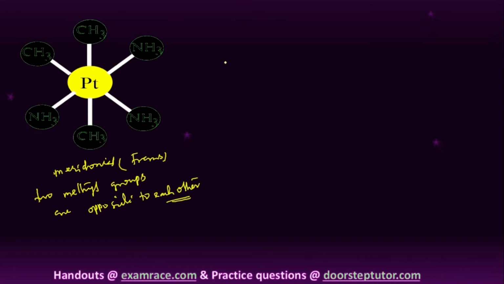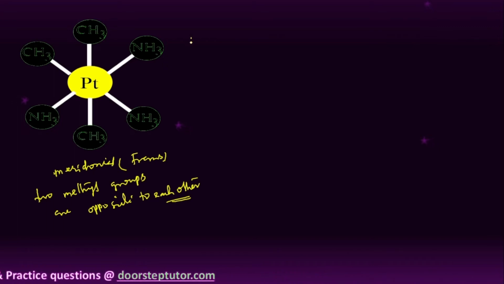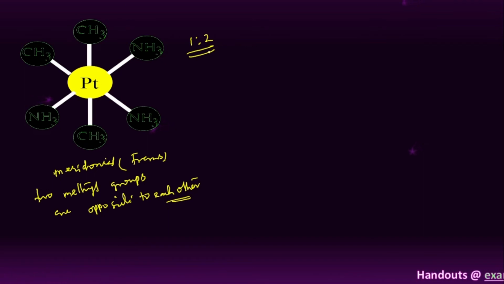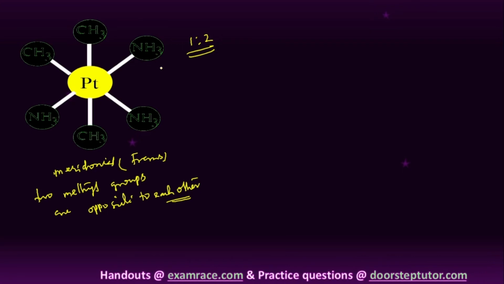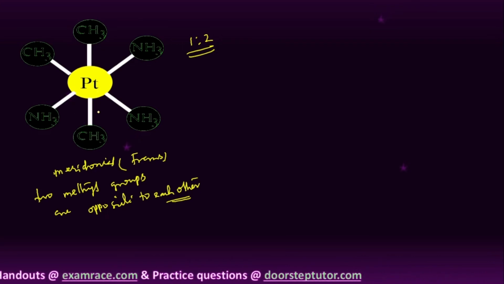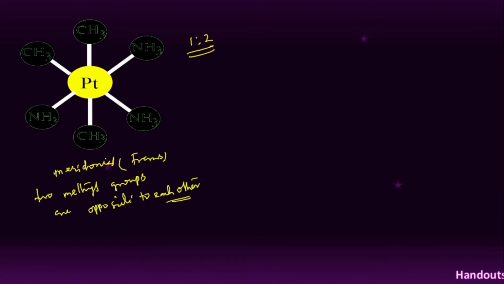Therefore there are two peaks with 1:2 intensity ratio. Each peak further splits into a triplet due to the interaction with the platinum. So the two types of methyl protons are there, but they are further split into triplets, due to the coupling of platinum, student.